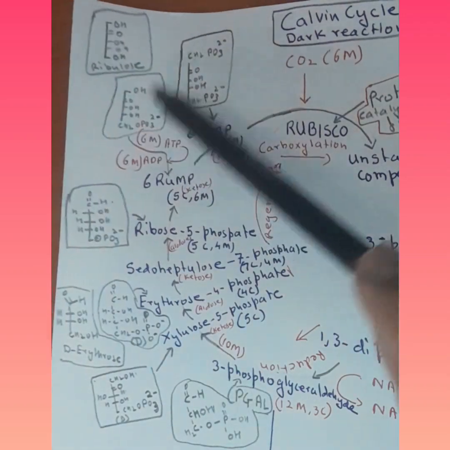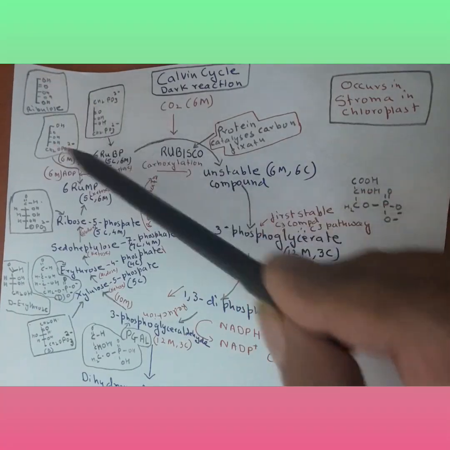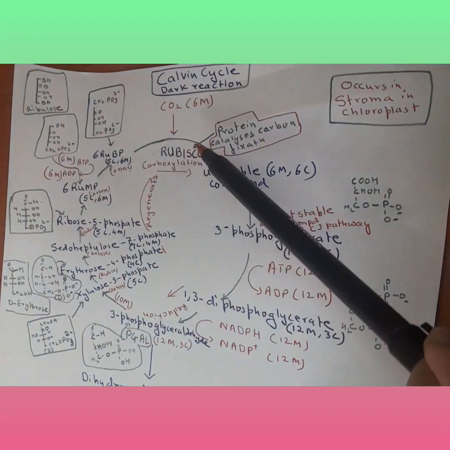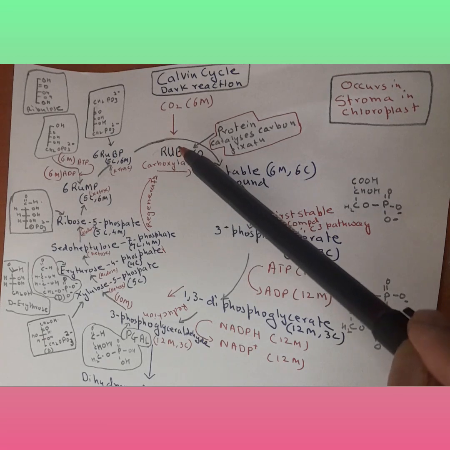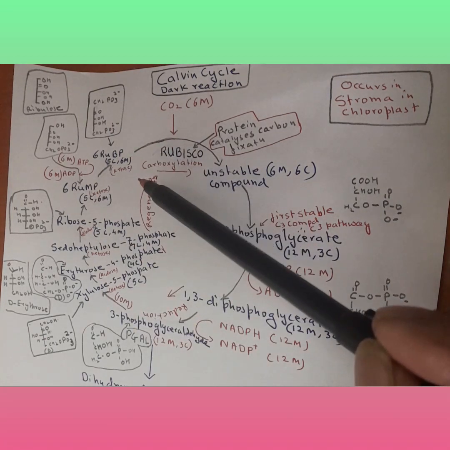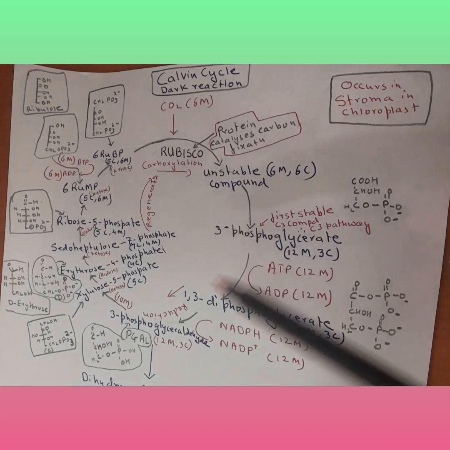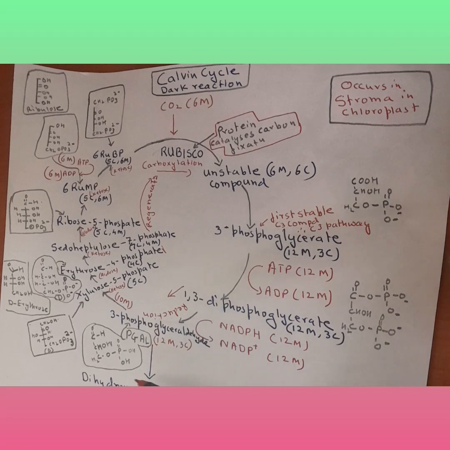So MP is monophosphate and BP is bisphosphate. Alright, and then again it comes back to the cycle. So we have completed this cycle. Alright, so this is how the cycle goes on. But we did not see glucose anywhere. Okay, so let's now move on to synthesis of glucose.